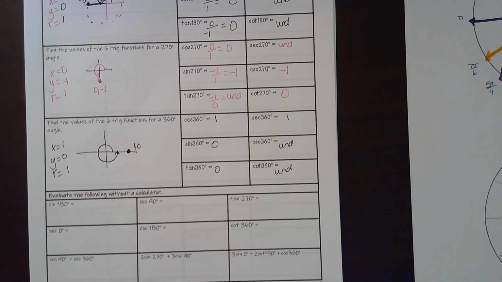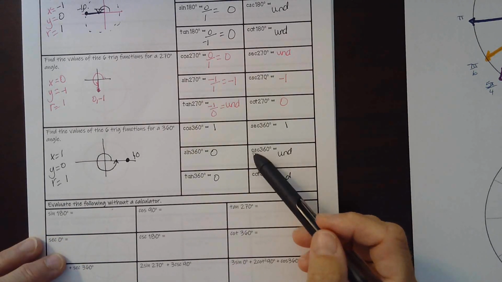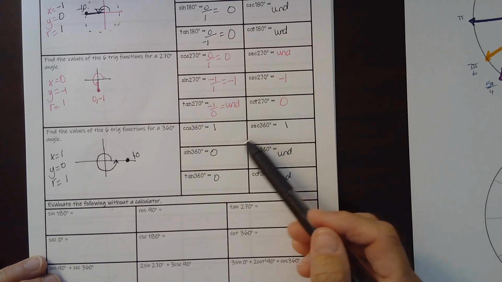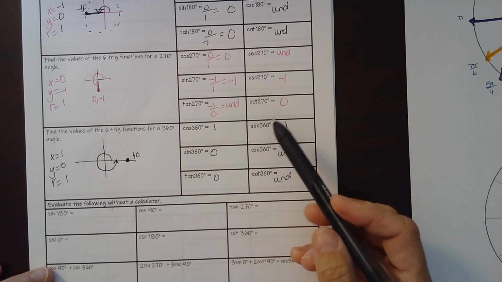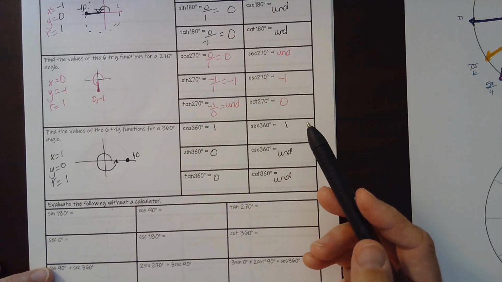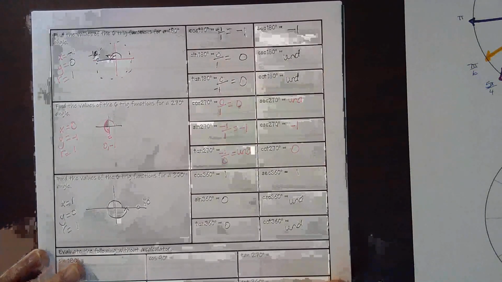Okay, so we've identified the actual values of the trig functions for our quadrantal angles of 0, 90, 180, 270, and 360. And those values are finite, they are exact, and they never change. So here's what I want us to look at.